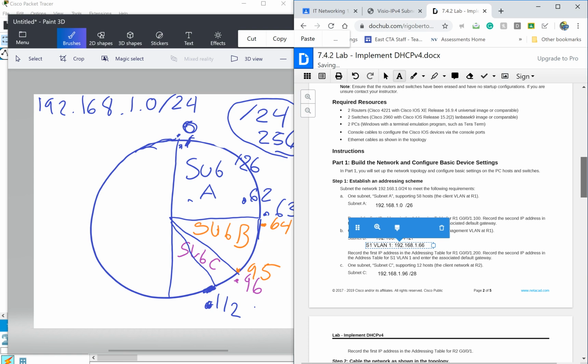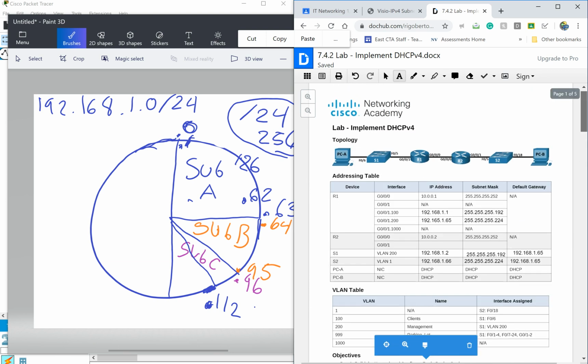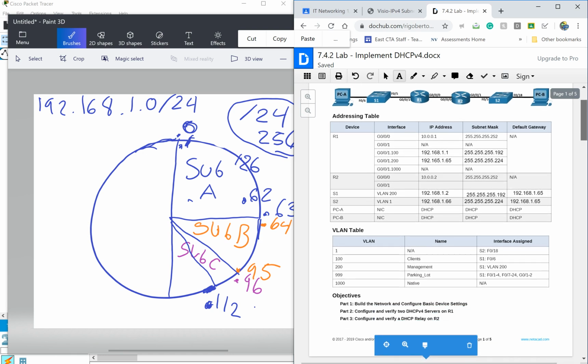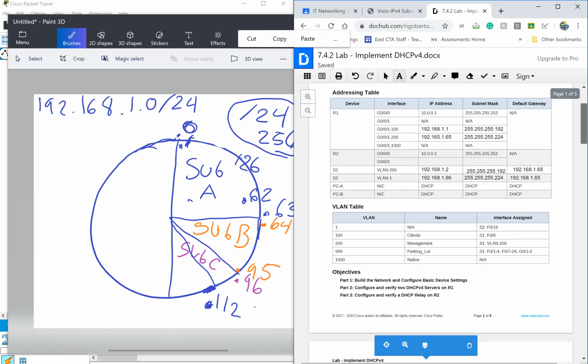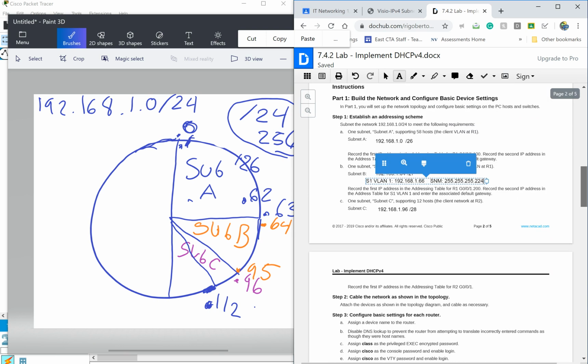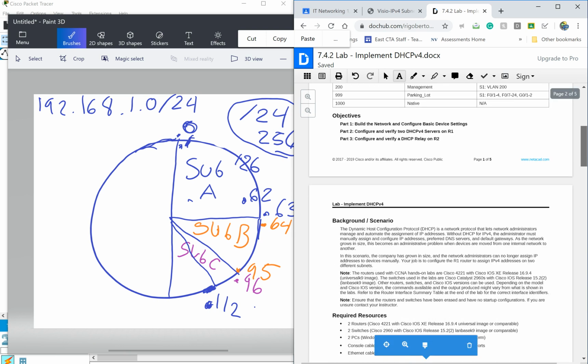And then the subnet mask, not DNM, subnet mask SNM, is 255.255.255. Is it 224, if I'm not mistaken? /27? Yes. All right, so put that there, .66.